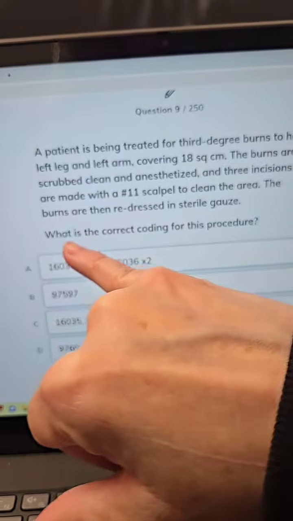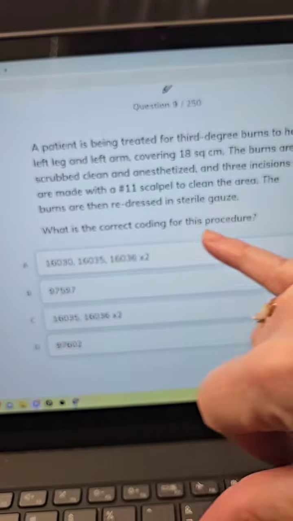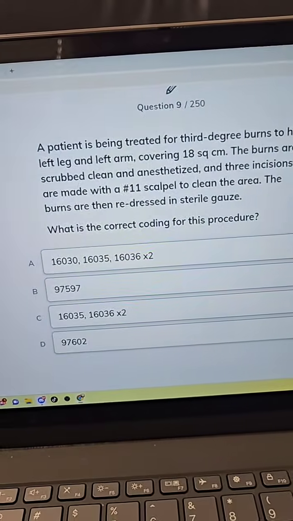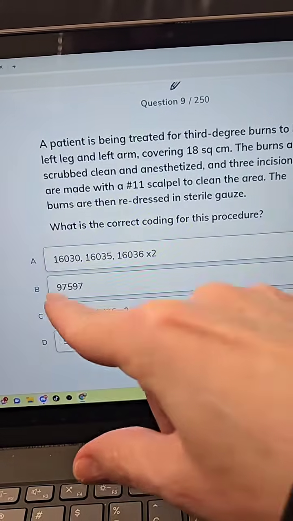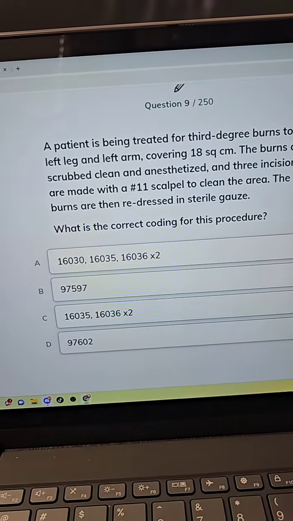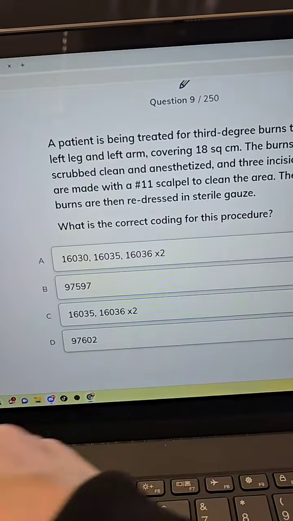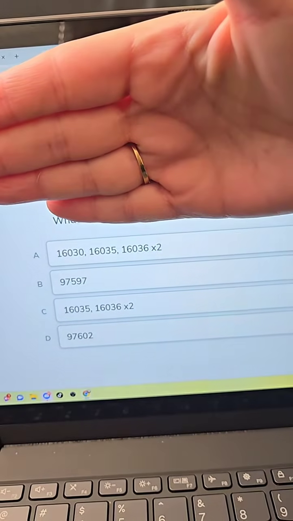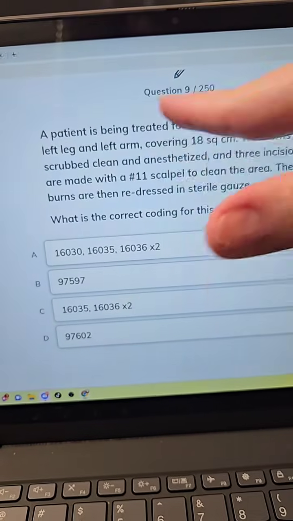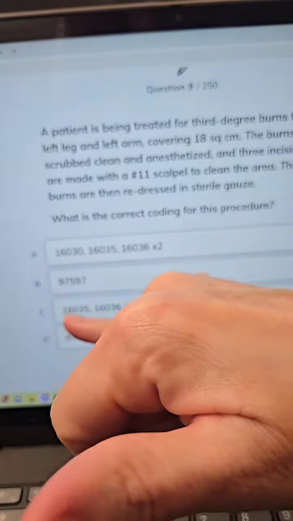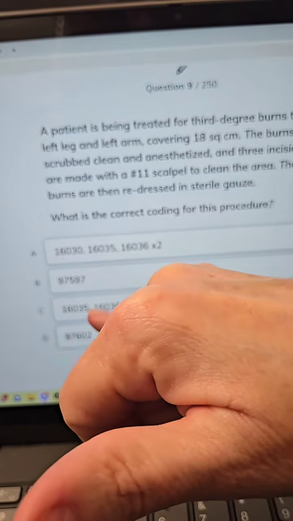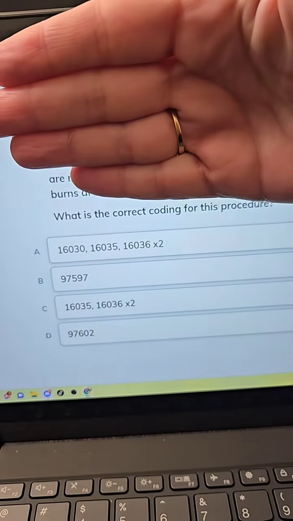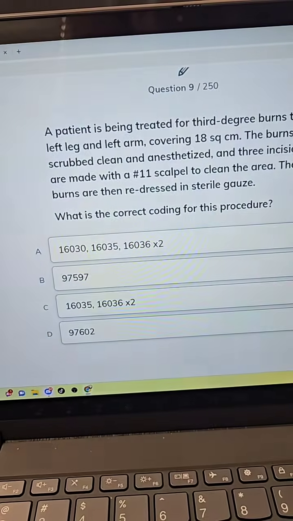And you can see right here they're asking what is the correct coding for this procedure. So if that had a plus symbol in front of it, you would know it was an incorrect answer, and you could eliminate it. It's super easy to go through here and say, well, what if this was the answer? What would I see up here? What would be the answer if this was the answer? It's easier, and you don't get the propaganda.